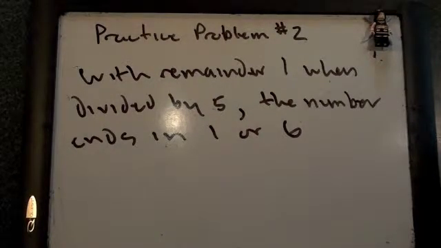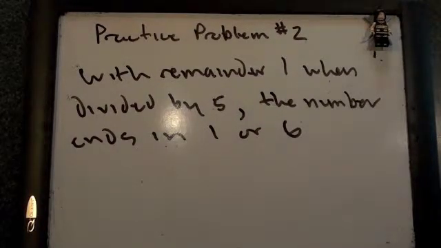66 is divisible by 11. So what number above 66 has remainder 1 when divided by 11? 67. Okay, so does 67 end in a 6? No. All right. So do you want to guess some more, or do you want to do it systematically? Let's do it systematically.